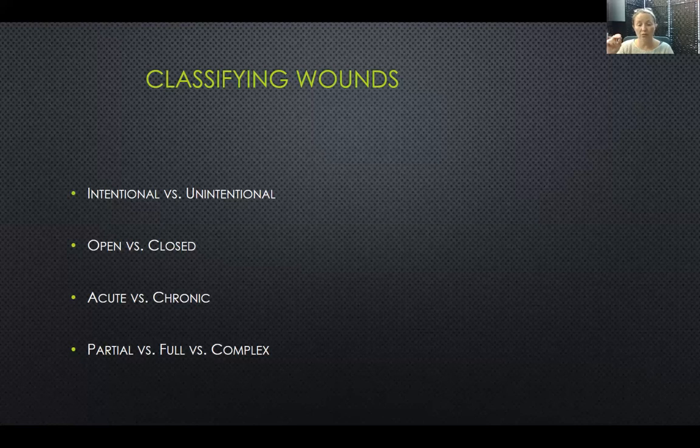So with partial, you're talking epidermis and just part of the dermis. A full thickness injury would mean that the entire dermis, that lower level, is affected. And then a complex would mean that the damage and destruction goes beyond the dermis and into that subcutaneous tissue or below.